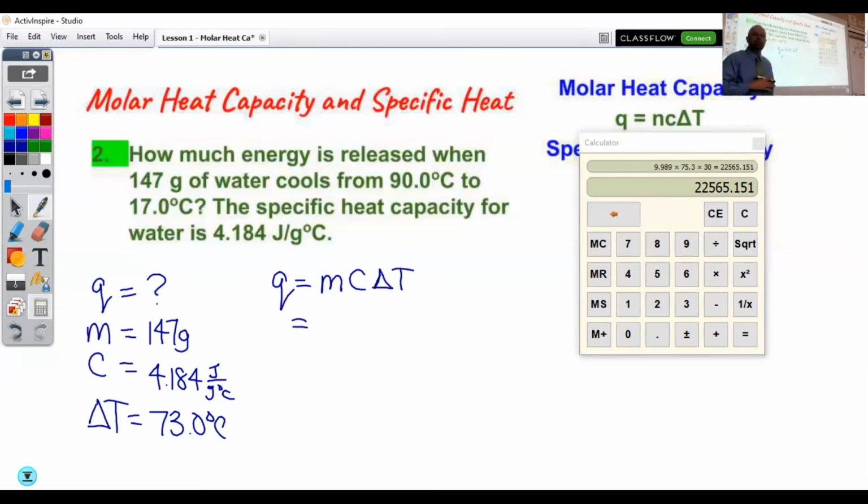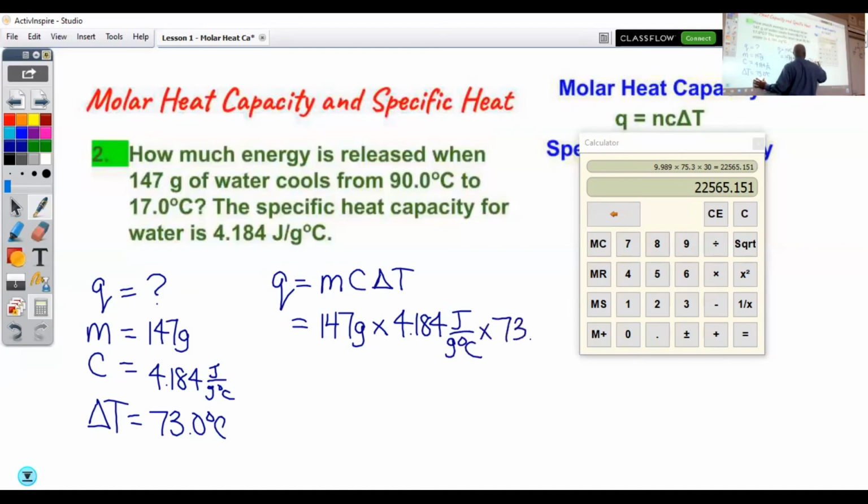We don't need to rearrange it since we're solving for Q. We have our mass, 147 grams, times our specific heat capacity constant for water, 4.184 joules per gram degrees Celsius, times our change in temperature, which in this problem is 73.0 degrees Celsius. Typing all of this into our calculator, we have 147 times 4.184 times 73. We get this answer.